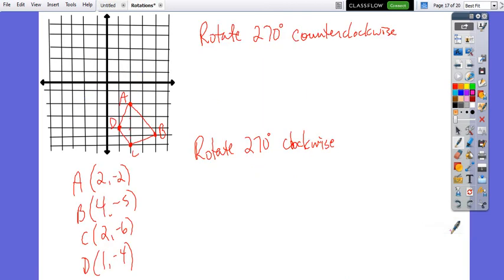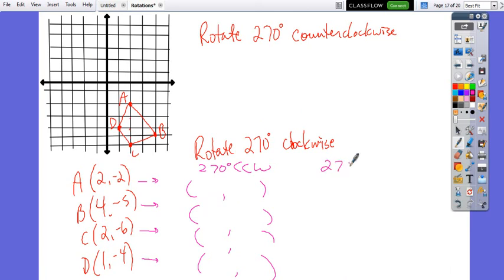Okay, so like I did before, let's draw it out like this, where we have 270 degrees counterclockwise for each of them, and then 270 degrees clockwise for each of them. And the rule for 270 degrees counterclockwise, if you go back to your packet, it's the same as 90 degrees clockwise, exactly.